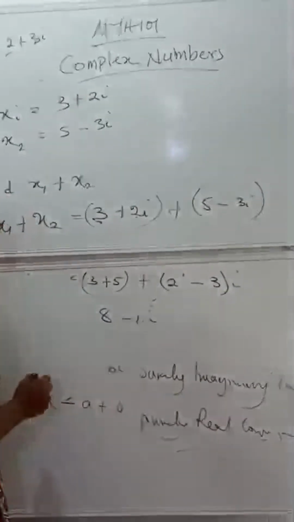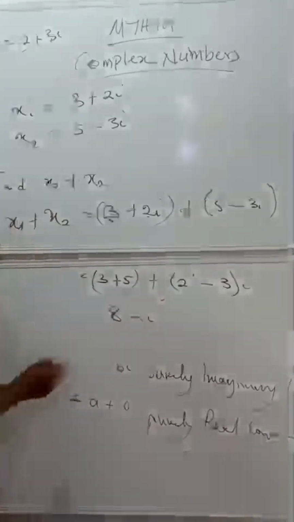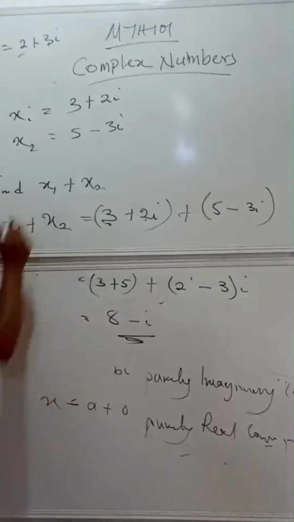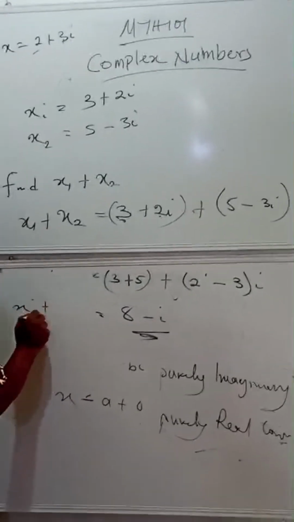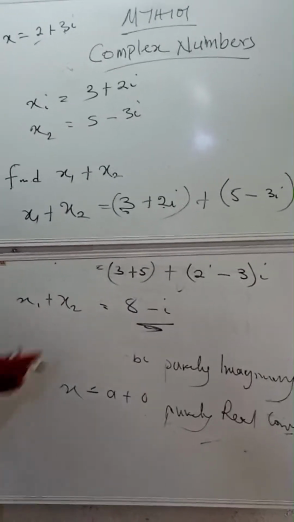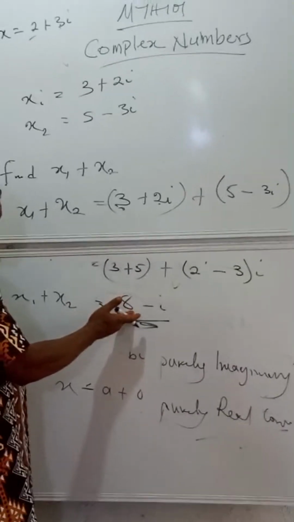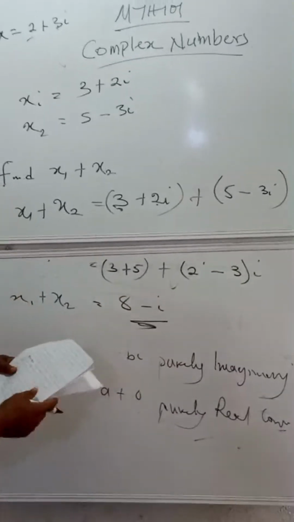So this and this is just minus i. So this is the solution of x1 plus x2. You can see that this is also a complex number. It has a real part and it also has an imaginary part.